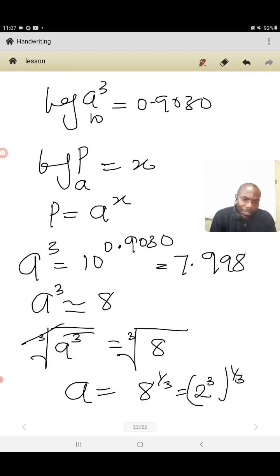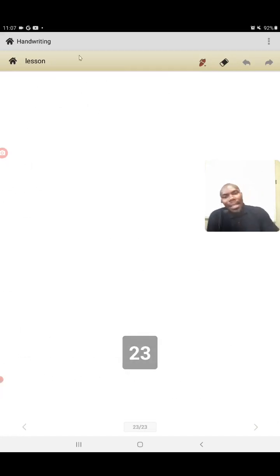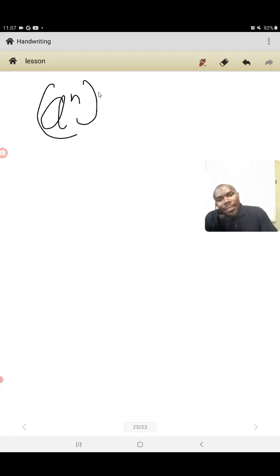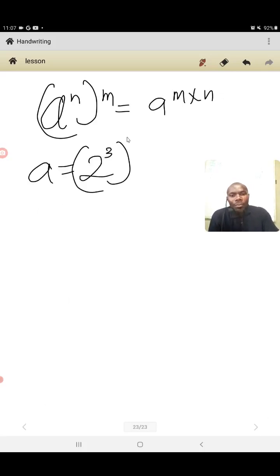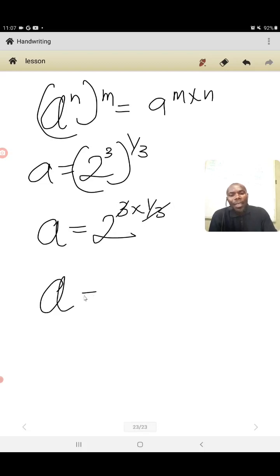You remember that there is a law that states that a raised to power m, raised to power n, will give you a raised to power m times n. So if our a is 2 raised to power 3 raised to power 1/3, it means that a is equal to 2 raised to power 3 times 1/3. So therefore, a is equal to 2.